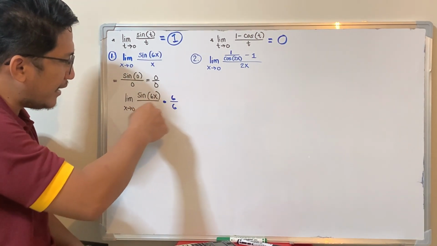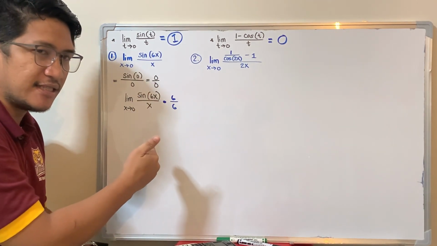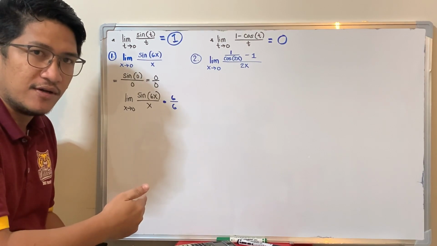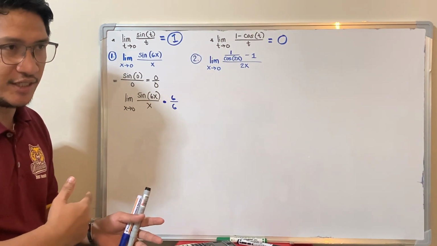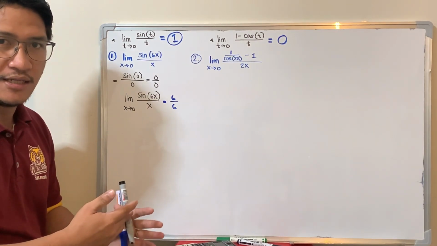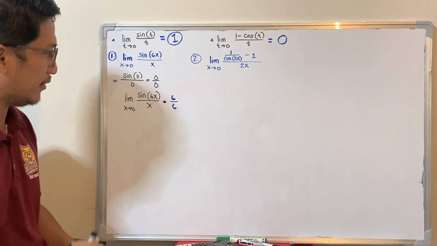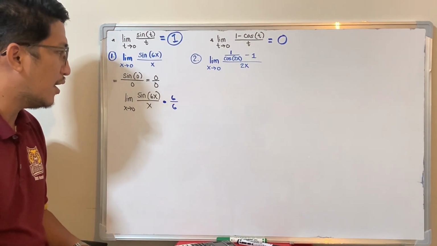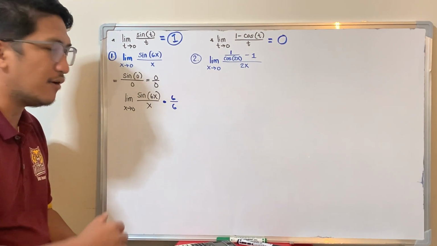So, when you multiply the function by 6 over 6, it doesn't change the value. Okay? It's like the image changed, but the value is just the same. It's like you wearing a different outfit, in uniform or not in uniform, but it's basically still you. We call this the identity property of multiplication.